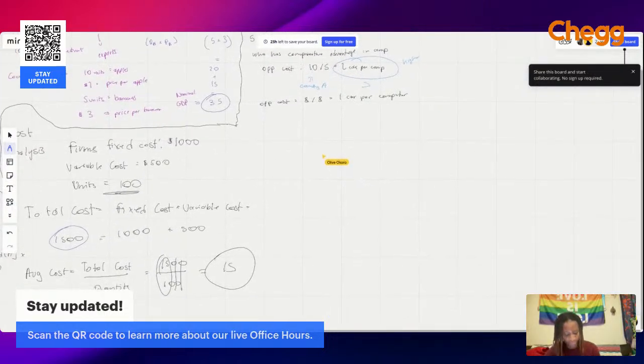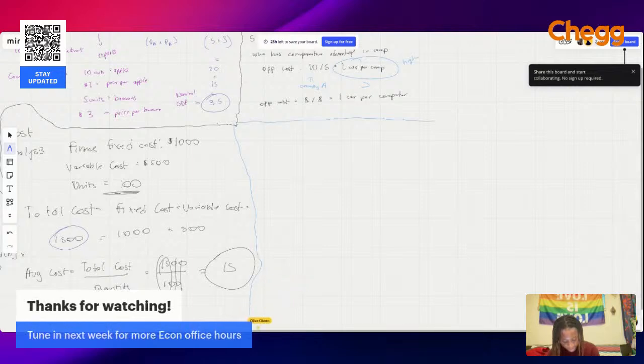We're going to use the space over here. Okay, cool. Gonna label formulas.